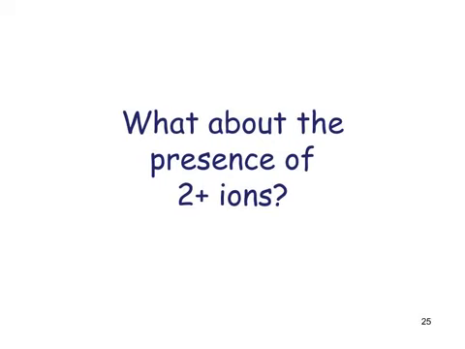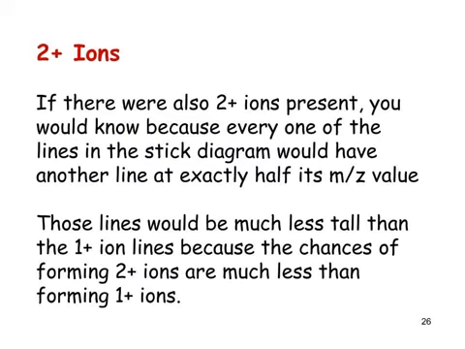What about the presence of 2+ ions? Let's have a look at this. If there were also 2+ ions present, you would know, because every one of the lines in the so-called stick diagram that we've been looking at would have another line at exactly half its mass to charge ratio. And you see the symbol that's used for mass to charge, M for mass, and Z is used as a symbol for the charge, 1+, 2+, and so forth.